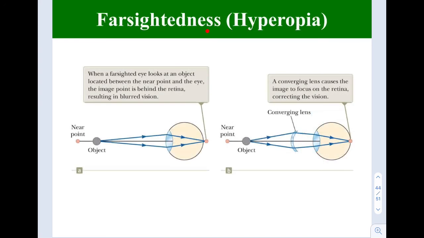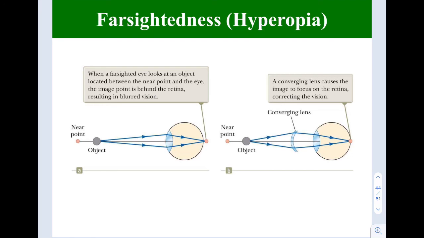Farsightedness, also known as hyperopia. This happens when a far-sighted eye looks at an object located between the near point and the eye. The image point is behind the retina. The rays focus behind the retina of the eye, resulting in blurred vision.